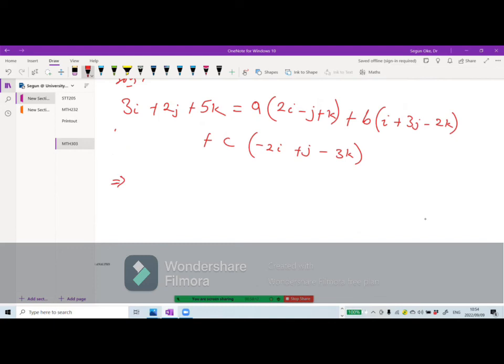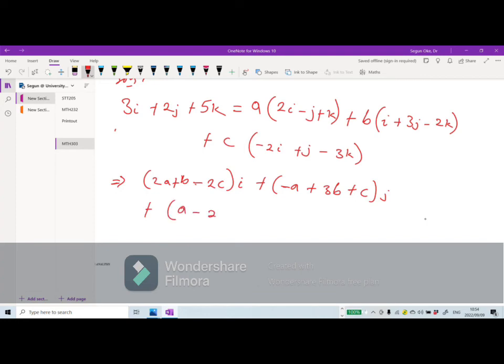So when you collate all the i, you have 2A plus B minus 2C, everything multiplied by i, the component, plus minus A plus 3B plus C, everything multiplied by j, then plus A minus 2B minus 3C, everything multiplied by k.